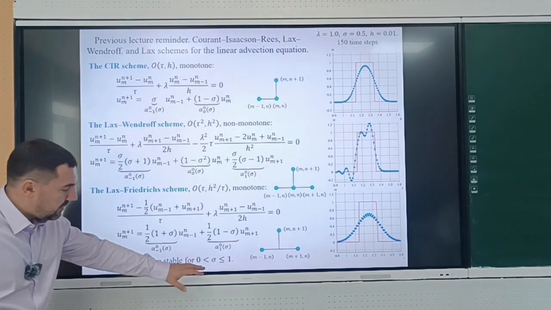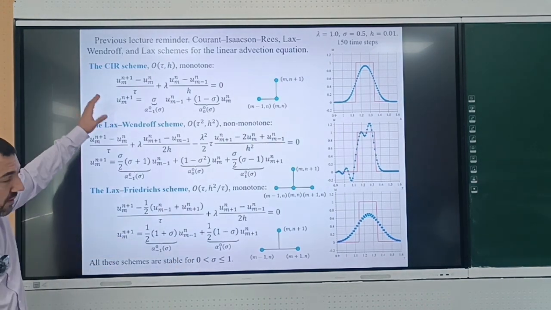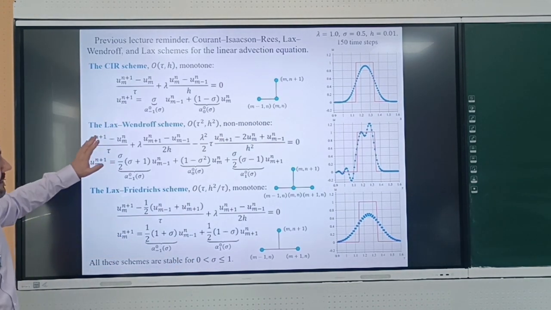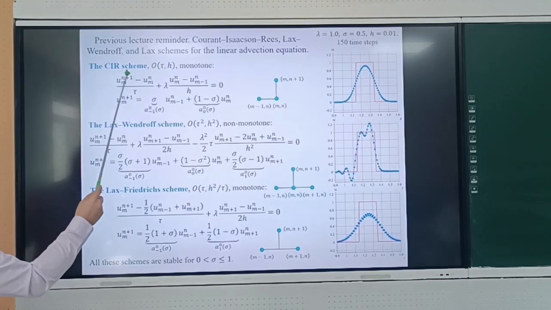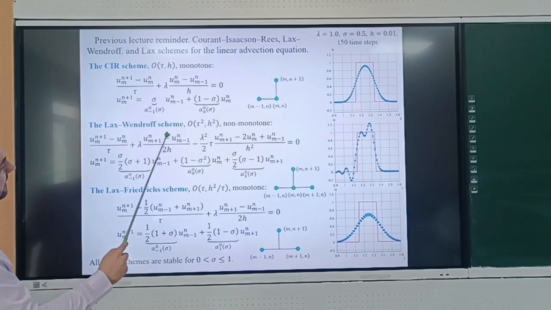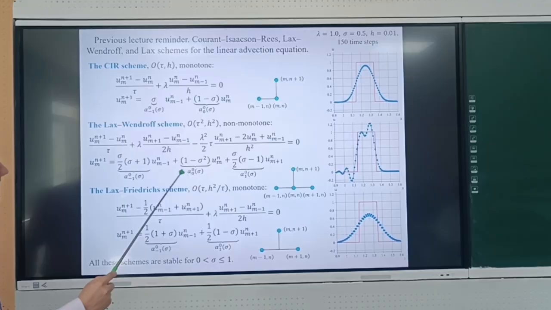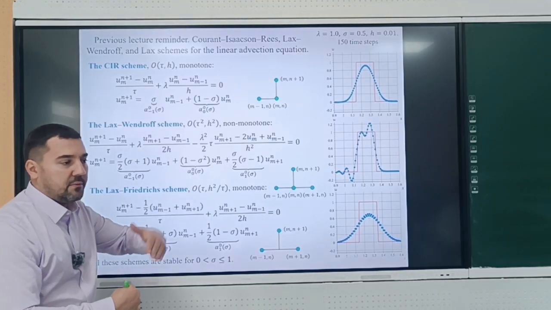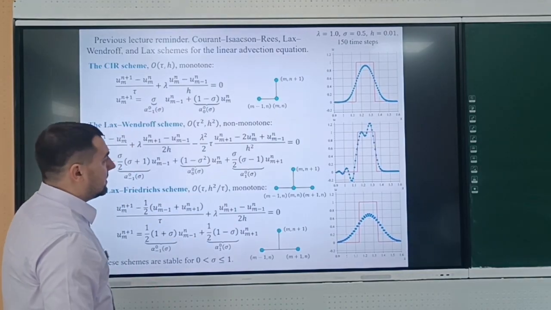Anyway, the typical restriction is for an explicit scheme, and all these schemes are explicit. So what does explicit mean? Because you have this explicit scheme for time integration, all parameters here are taken from the nth time layer, n, right? It means that we can do one step, and we know everything to do that.